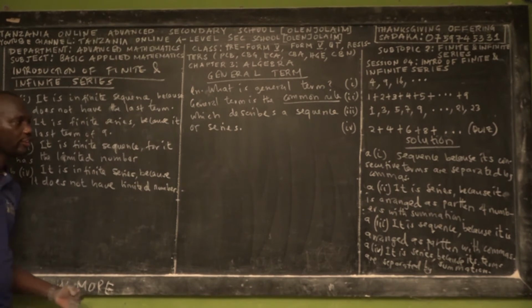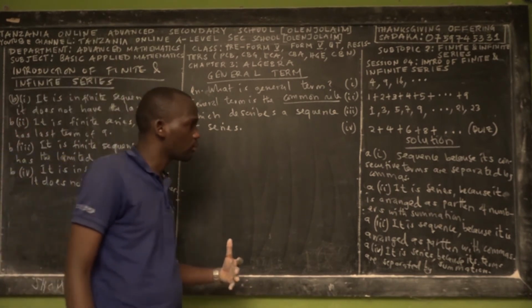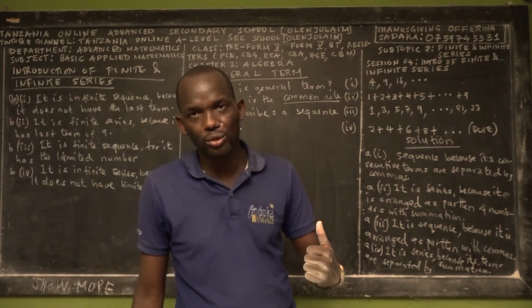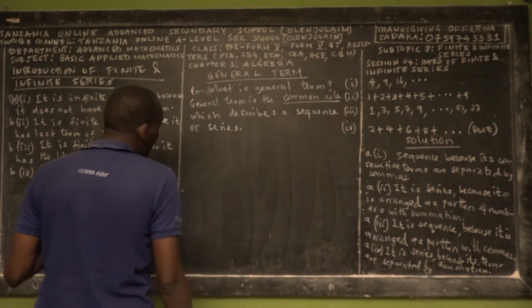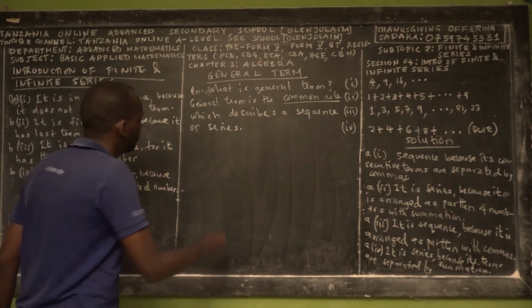So the general term is a common rule. We want to establish a common rule which describes a sequence or a series.